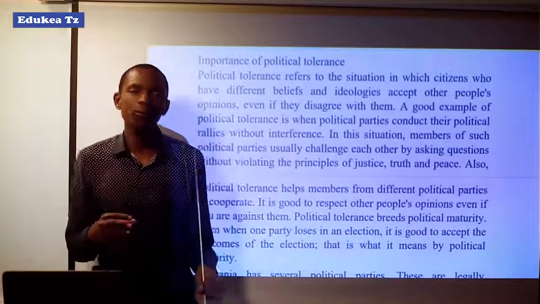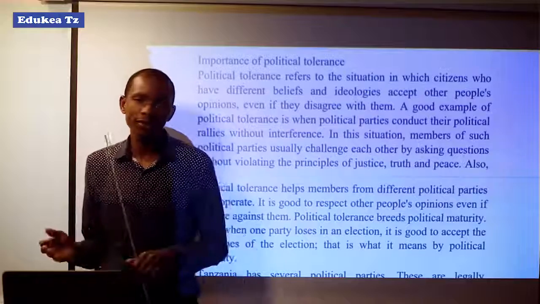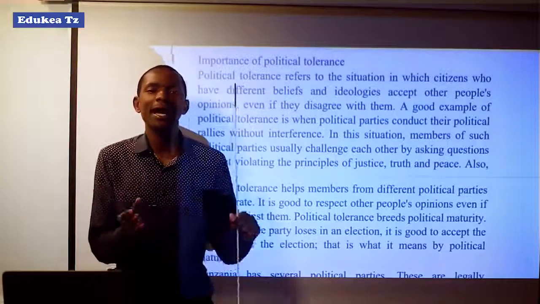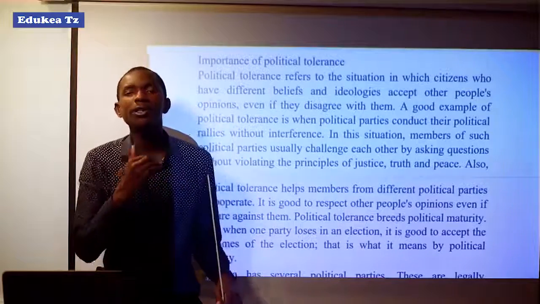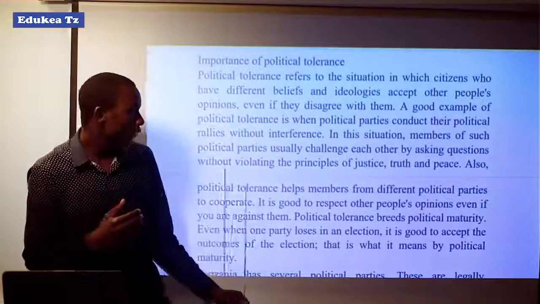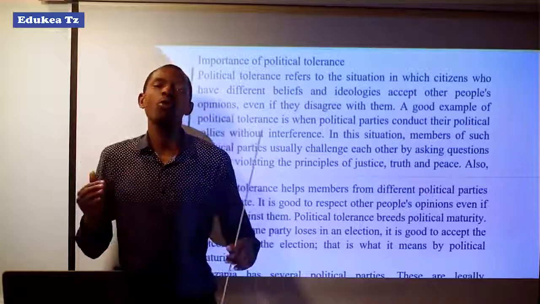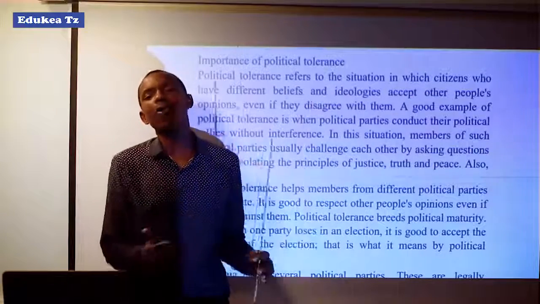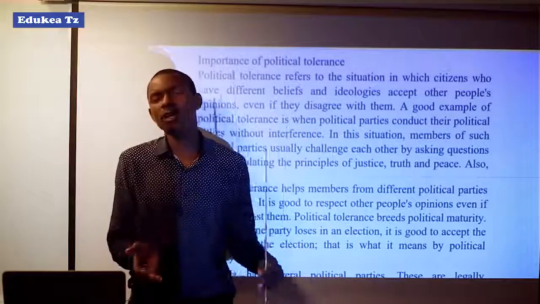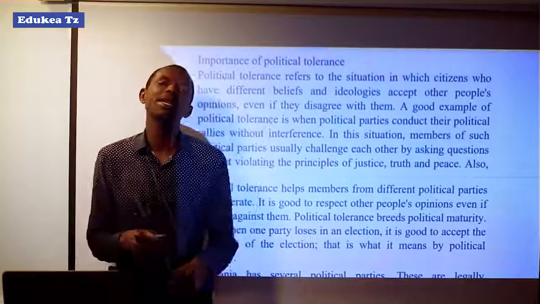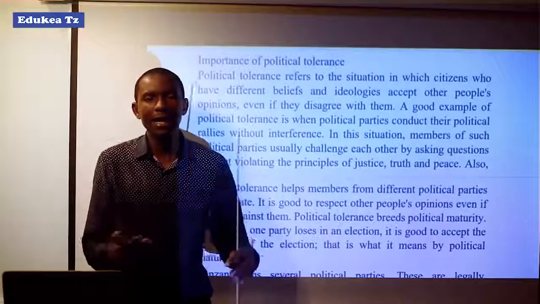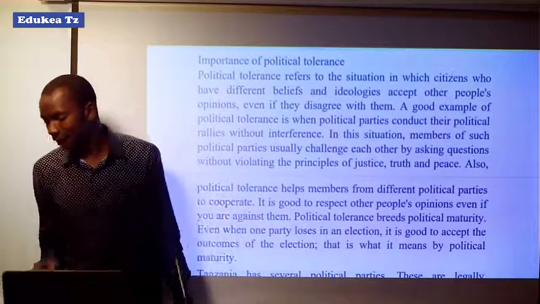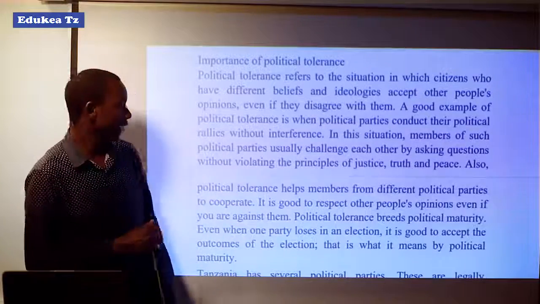If we believe in different ideologies, every citizen has his or her own political party. Also, if we have political tolerance, we can participate together without considering our political parties. If we have political tolerance, we can cooperate in any activities which will help us. So that is another importance of political tolerance.